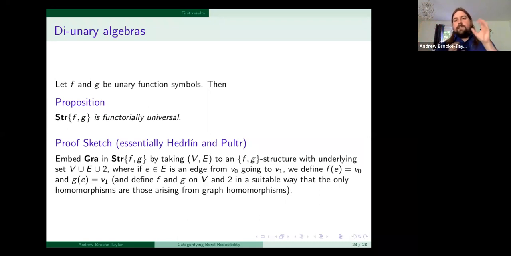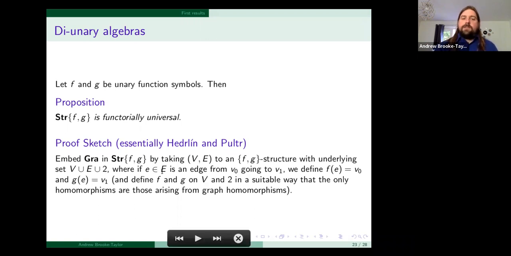Well, the way to do it is to think of a graph as a set of vertices and a set of edges and create the di-unary algebra. So you've got the underlying set of the vertices along with the edges, along with two extra vertices for coding stuff up.